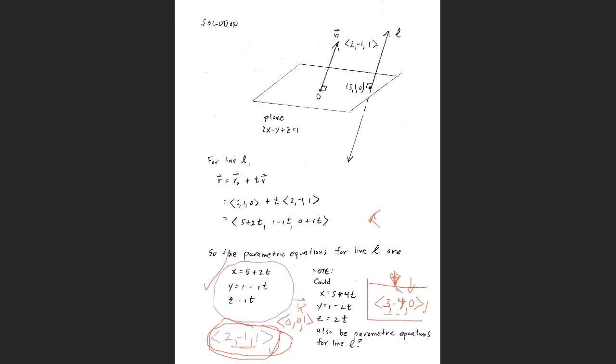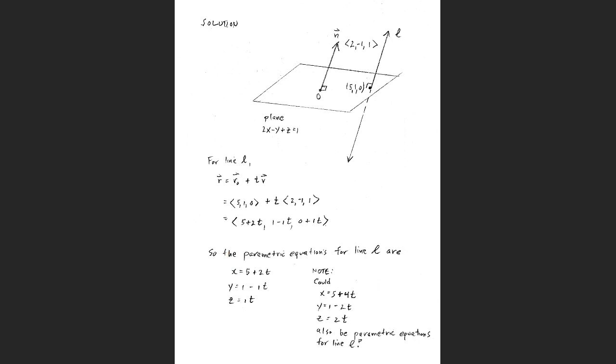So this line L, traced out by these parametric equations, is neither horizontal nor vertical. That means it's going to be going at some angle in space, so to speak.